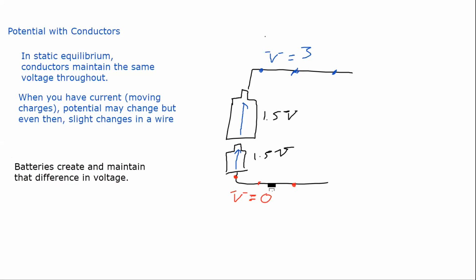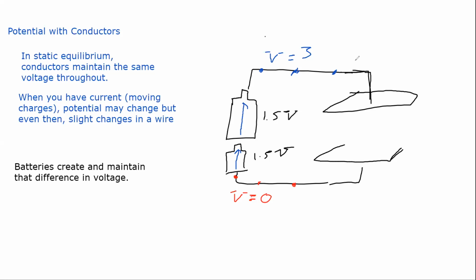Okay, so what we're going to do with this, I'm going to put a plate on the end of these wires. I'll connect these wires to a plate. And what the battery is going to do, in order to maintain that voltage, is pump out charges.